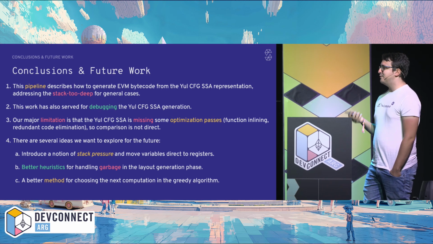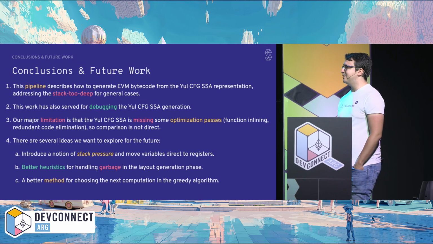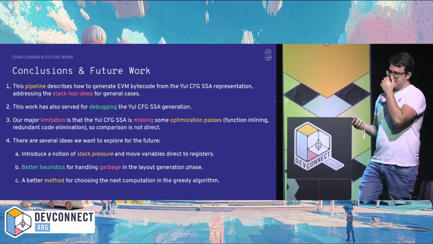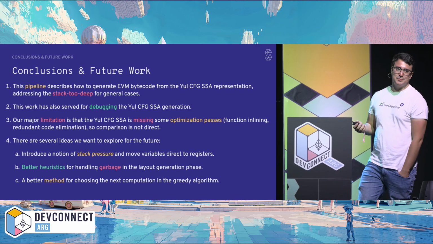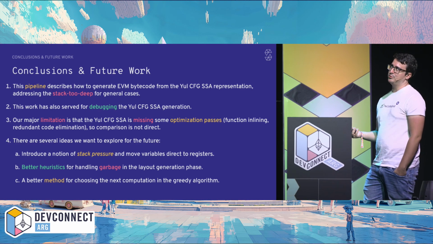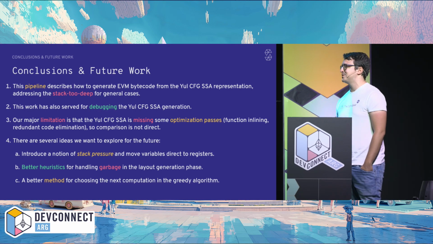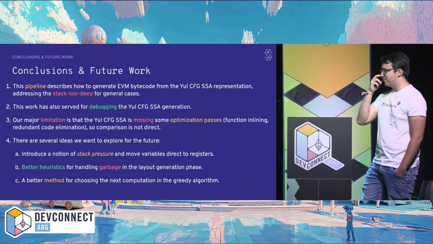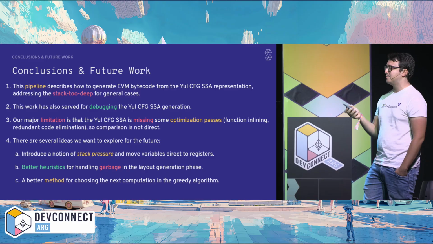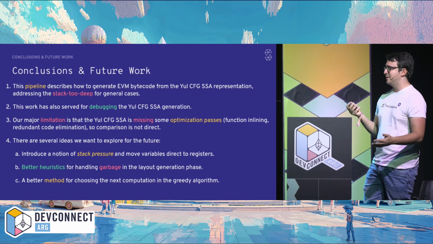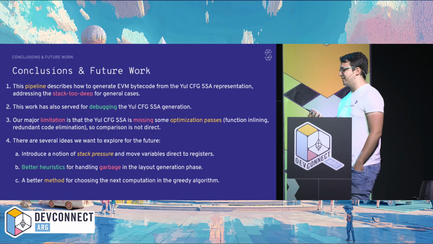So for the future, we have several ideas. Our fix now preserves all the stack layouts, but we would also like to remove variables from the stack layout so that we can solve some collateral stack too deep errors. This is something we are working on: with this kind of stack pressure, deciding from the beginning to move a variable to memory and not use it in the stack.